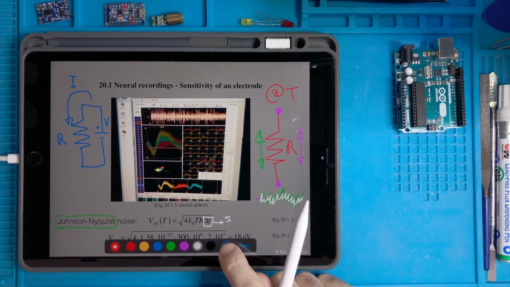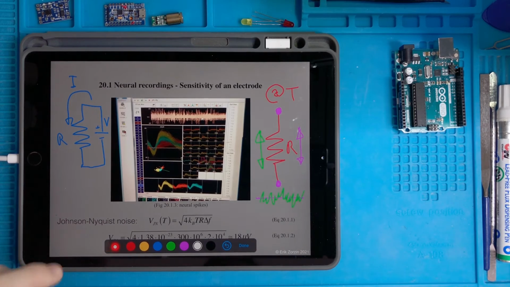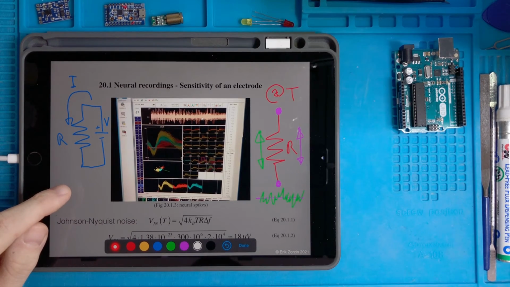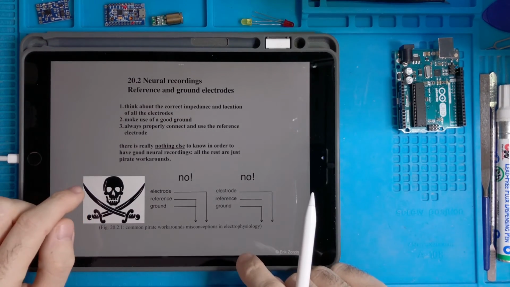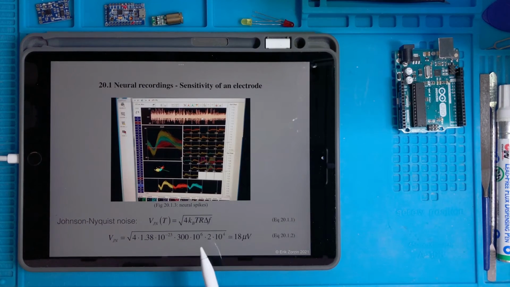We delete something, otherwise we don't see anything. Okay. So why is that important? Because if we plug all the numbers here, for instance, for the Boltzmann constant, 300 is the room temperature in Kelvin, which corresponds to more or less 25 Celsius.